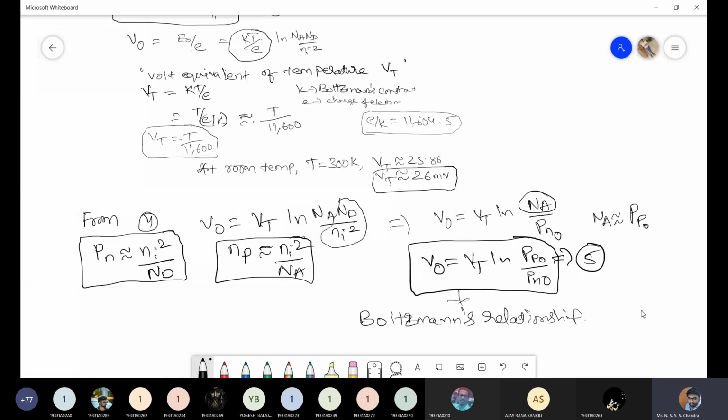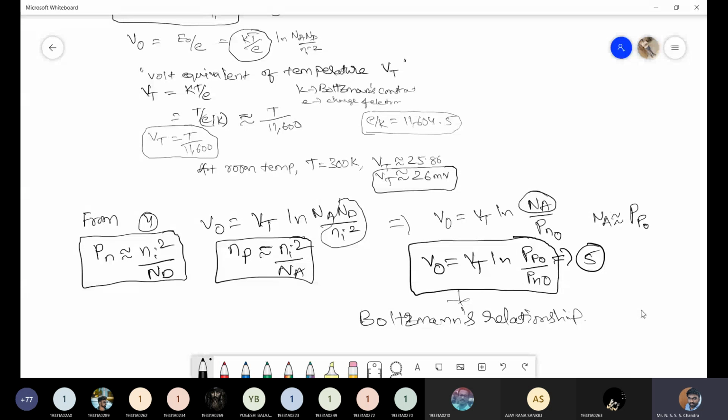At volt equivalent of temperature, Vt is equal to KT by E, right? So we are rewriting that expression. Among this, K, Boltzmann's constant, is a constant, and the electron charge is a constant value. The only variable is the absolute temperature.